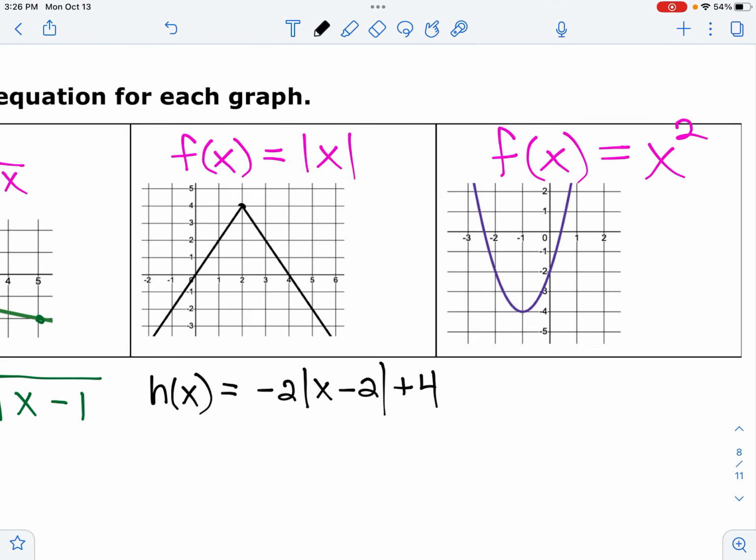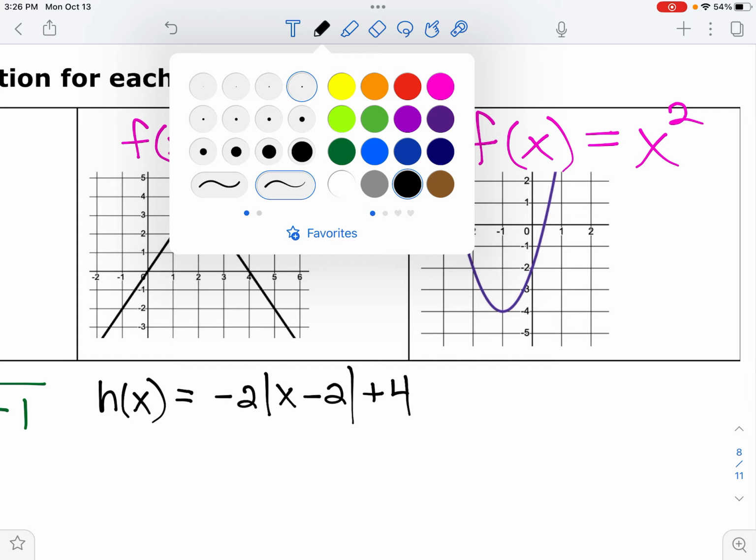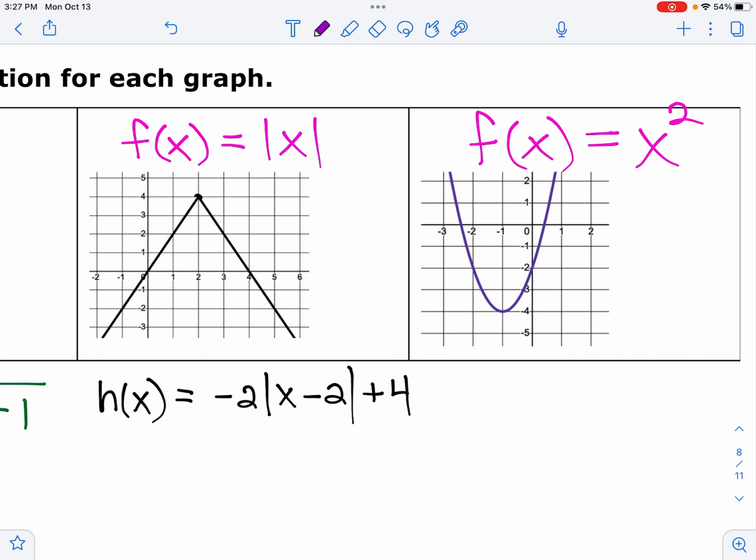All right, the last one. This is purple, we'll do this one k of x. Okay, it's facing up, so it's not been reflected. It has been stretched, because it doesn't go up 1 and over 1, it goes up 1 or up 2. So looks like my vertical stretch of 2.